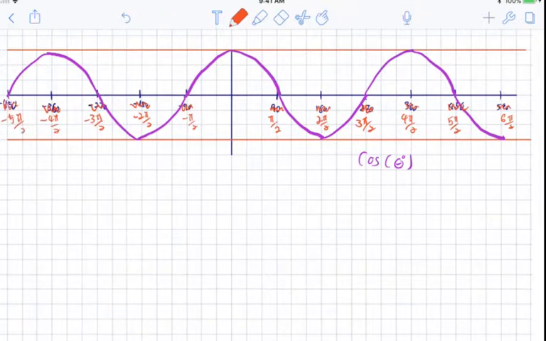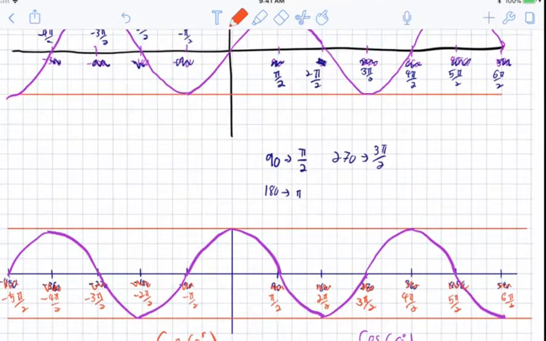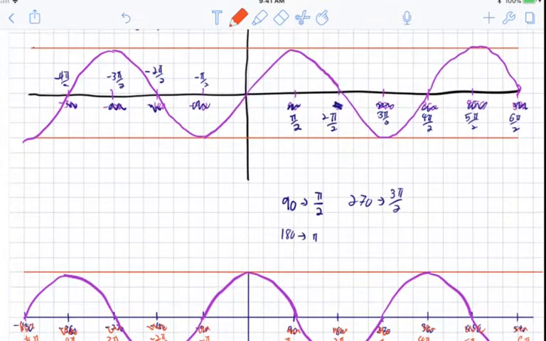All right, so this is cosine of theta in radians. I want you to note something fun here. Instead of being periodic over 360 degrees, it's periodic in 2 pi.